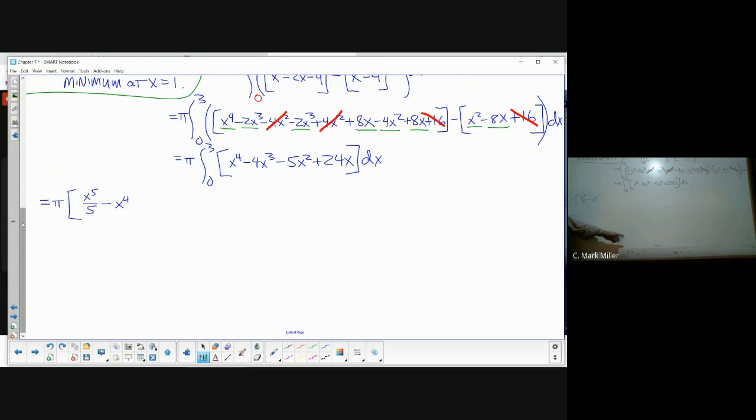The next one, minus 5x cubed over 3. Plus, now this is going to be an x squared over 2. 24 divided by 2 is a 12. X squared, 0 to 3.